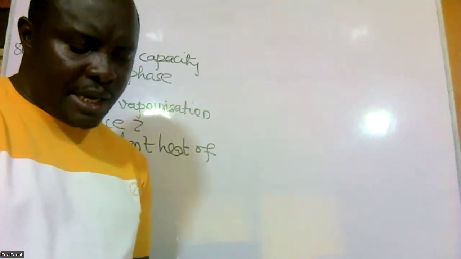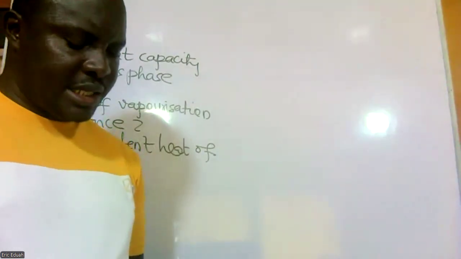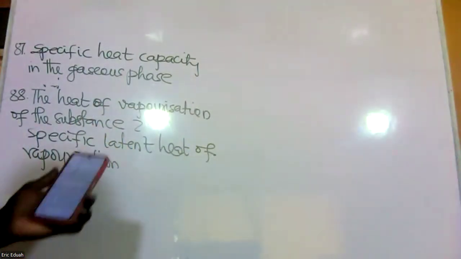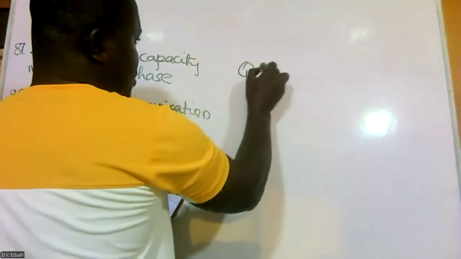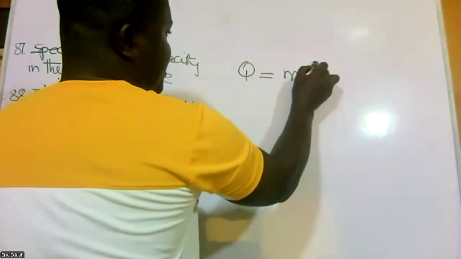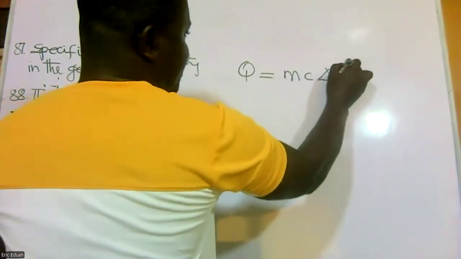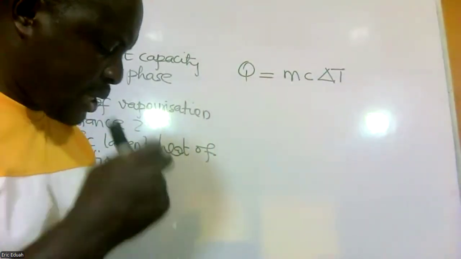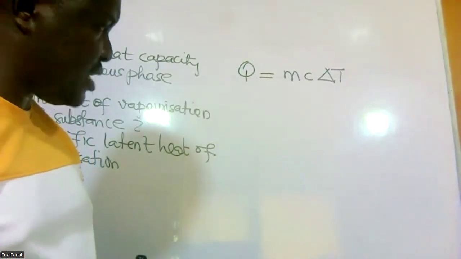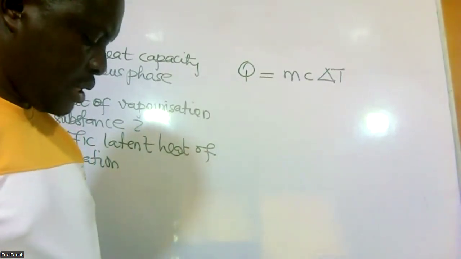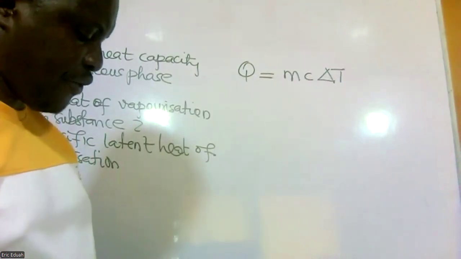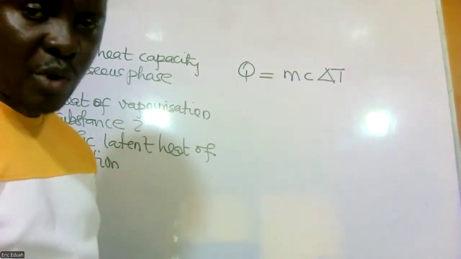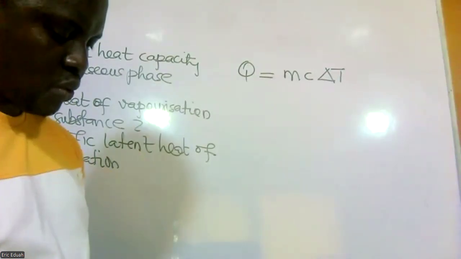So how do we calculate it? Q is equal to MC delta T. What is Q? Q is a quantity of heat energy responsible for dropping the temperature from 160 to 120.